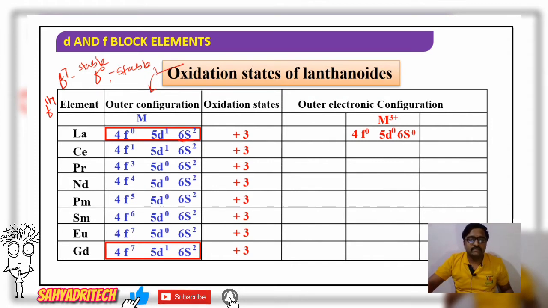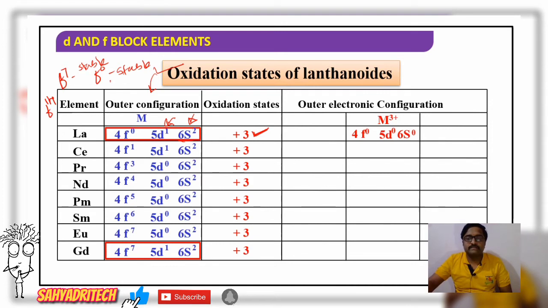For lanthanum, if 3 electrons are lost, what is the configuration? It becomes 4f0 5d0 6s0, meaning the electrons present in 5d and 6s are lost, so it acquires a +3 oxidation state.